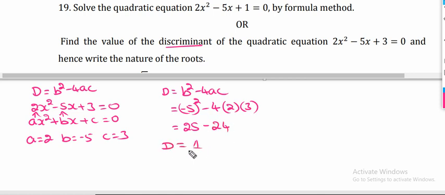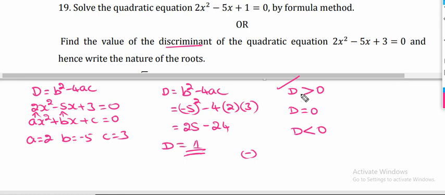If the value of discriminant is a positive number, there are three conditions. If the value of discriminant is positive, that is d is greater than 0. If the value is equal to 0, then d is equal to 0. And the third condition is if the value of the discriminant is negative, that is less than 0. There are three conditions, but we take only this condition. This can be answered here.